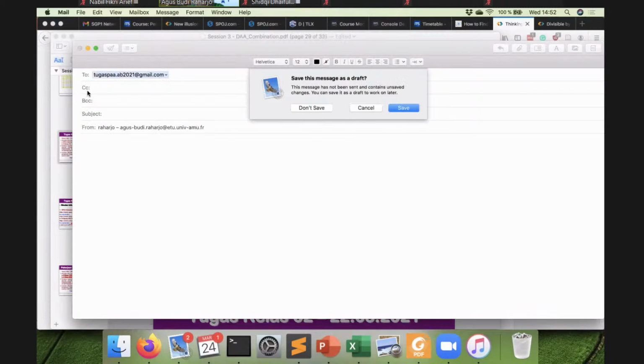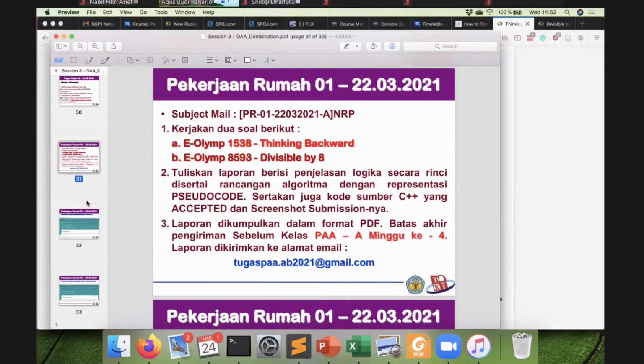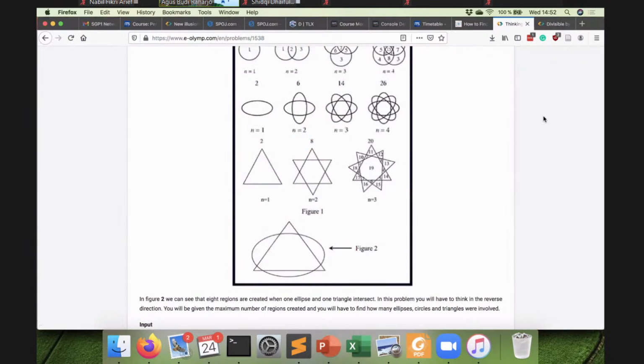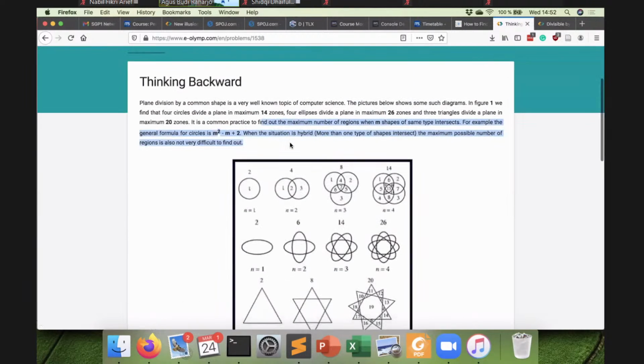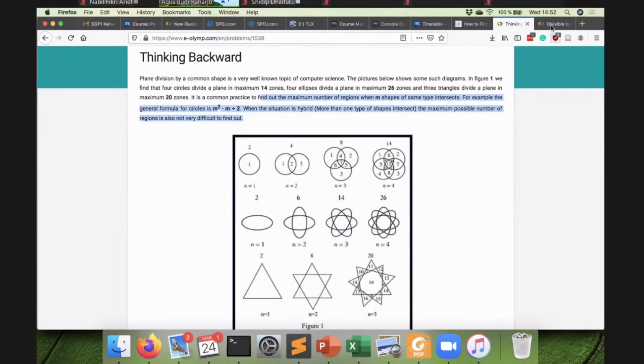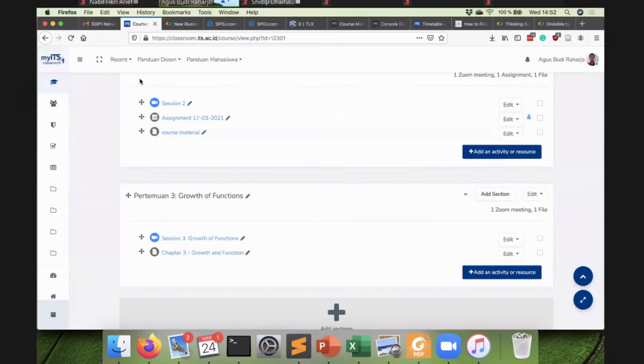I think for you it's complicated to solve it today, as I understand. So you focus on this too, but understand it more comprehensively. This one, thinking backward and divisible by 8. So the task is still the same.